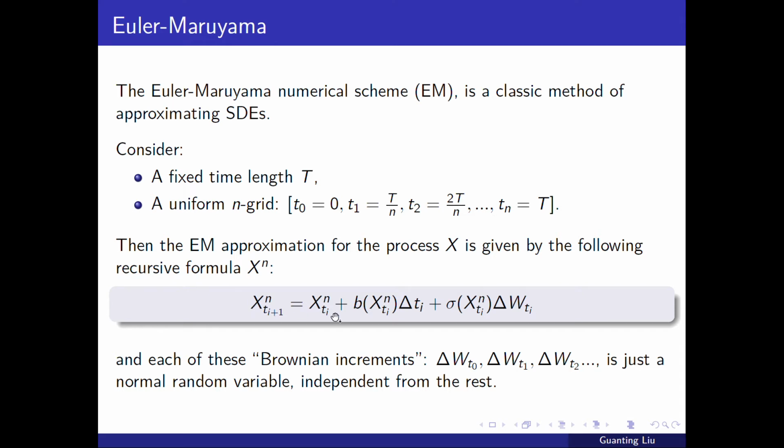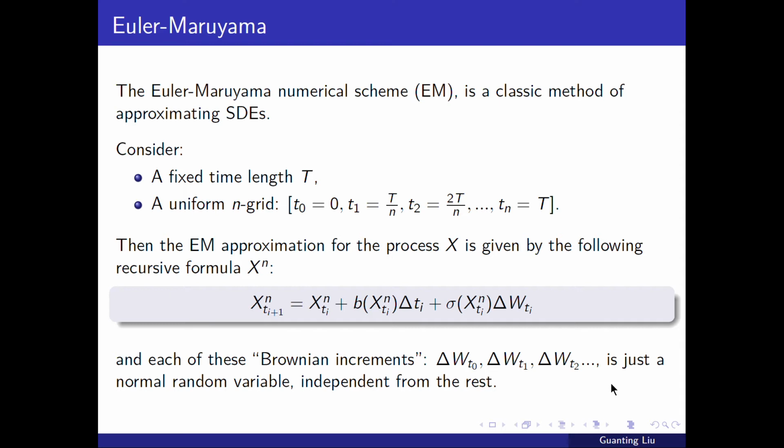A very intuitive expression: for the time integral we have the time increment and summation, and for the diffusion integral we have the Brownian increment and summation. Moreover, each of these Brownian increments, delta W at t0, t1, t2, is just a normal random variable, independent from the rest.